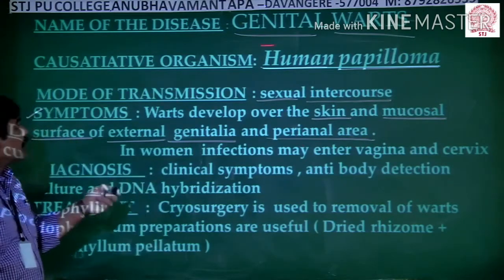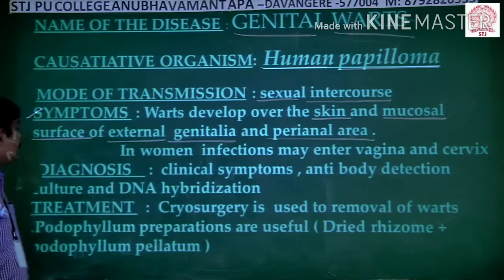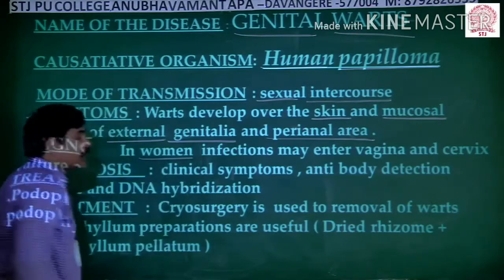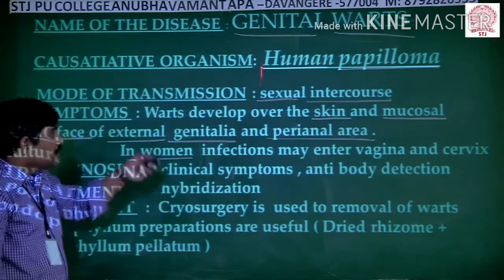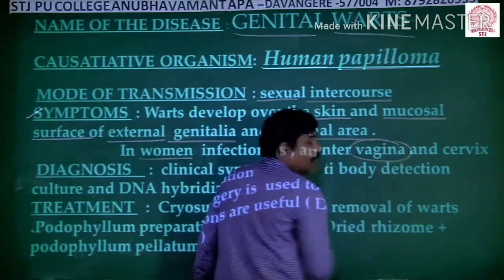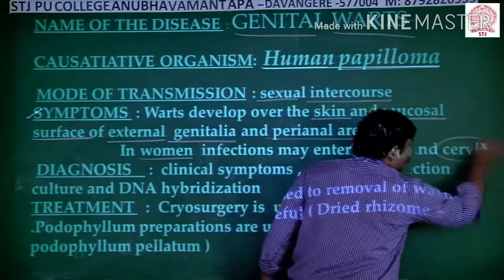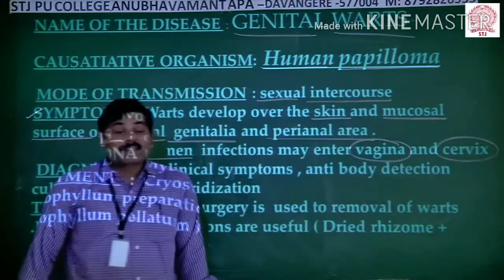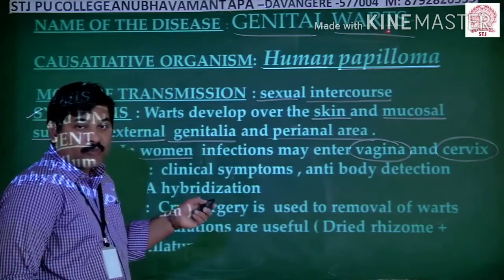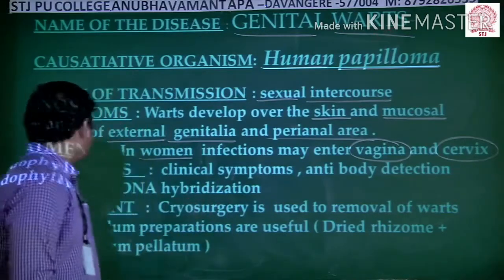These warts will develop there. These are the symptoms. In women, there is an interesting thing: these warts may develop within the vagina as well as the cervix. The chance of development of warts within the vagina and cervix is another symptom.